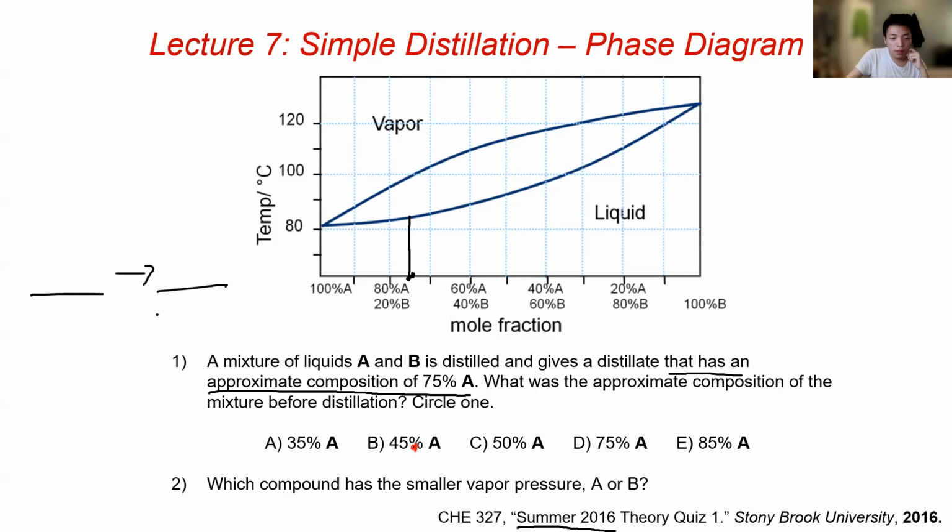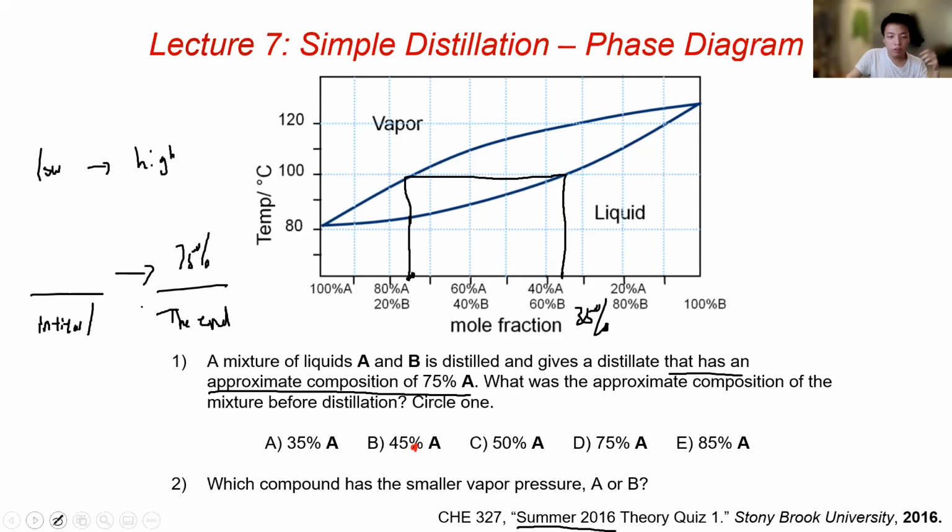So at the end, it was 75%. What was the initial? It has to go from low to high. Yep, you got it. So I draw this line up, go over there, and go back down, 35%.